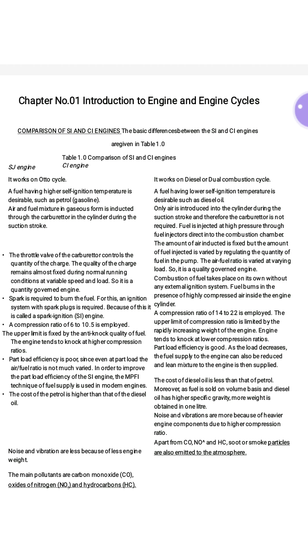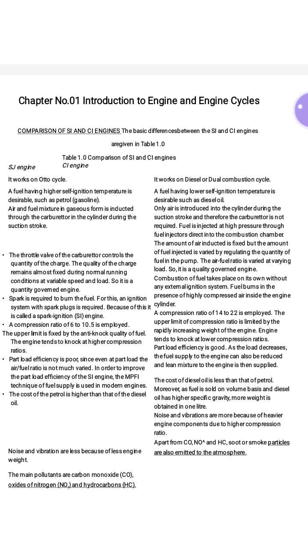Next difference: in an SI engine, a fuel having a higher self-ignition temperature is desirable, such as petrol or gasoline, because ignition takes place due to a high intensity spark.